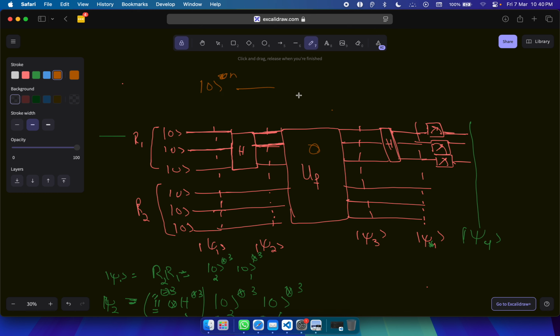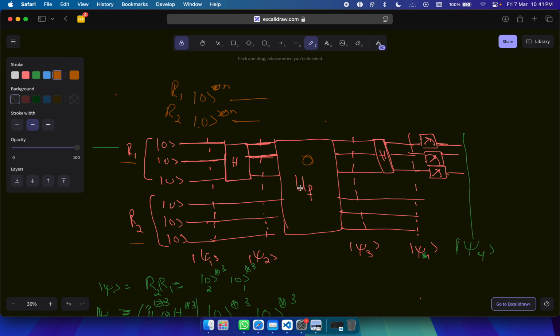The way this works is that we have n qubits in the 0 state in the first register, and then we have another 0 string of n size in the other register, right? We call this R1, we call this R2. We are initializing these with 0 because there's a special reason for it, and I'm going to tell you that a bit later, right?